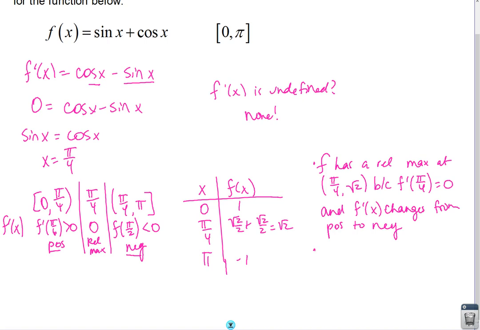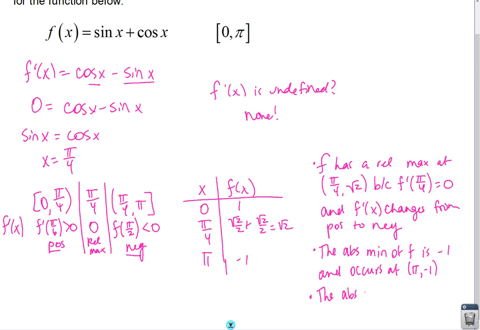We also wanted the absolute extrema, so the absolute minimum of f is, let's see, there's only one negative, so it is negative 1 and occurs at pi, negative 1.